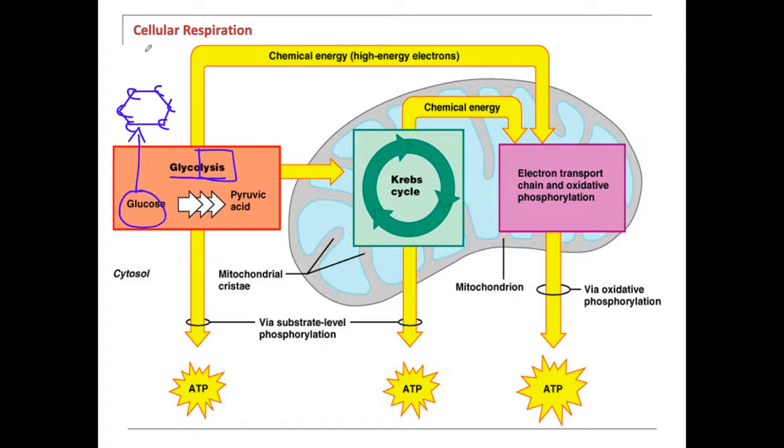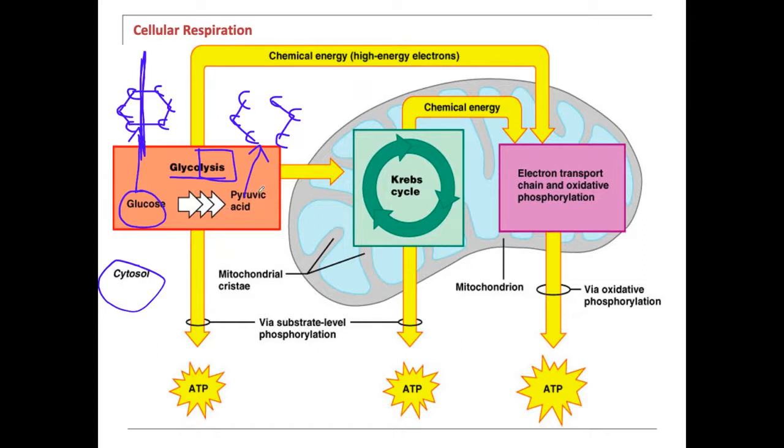So how do you break down glucose? All we're doing is splitting it right here. When you split that, you get two 3-carbon sugars. You get something that looks like this. 1, 2, 3. 1, 2, 3. We have two 3-carbon sugars, and that's pyruvic acid. Okay? That happens in the cytosol, right? In the cell.